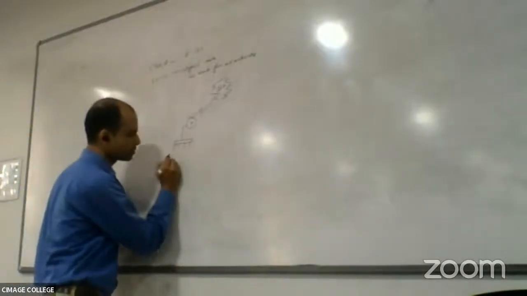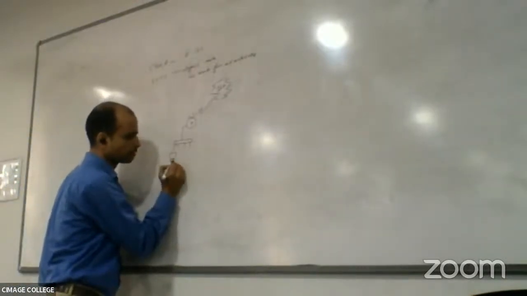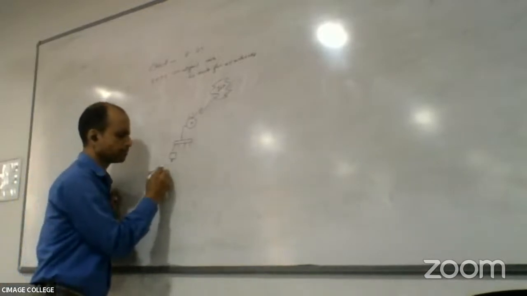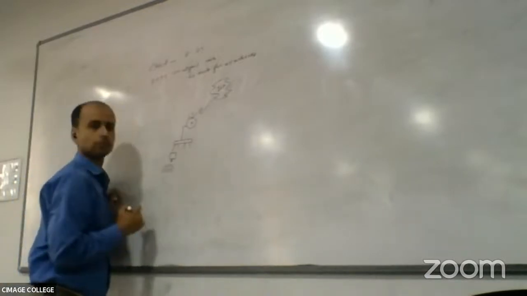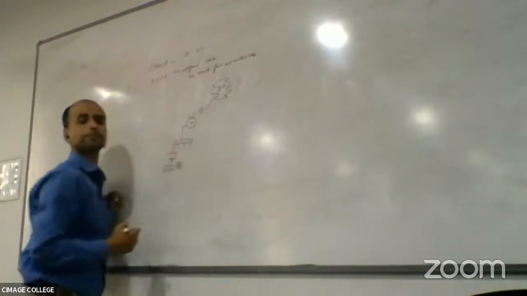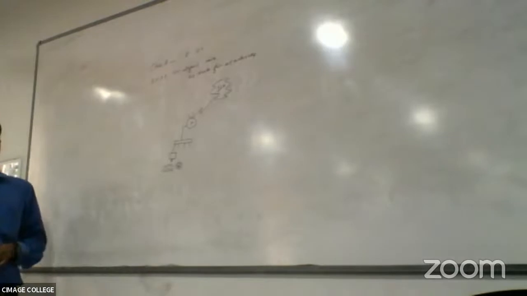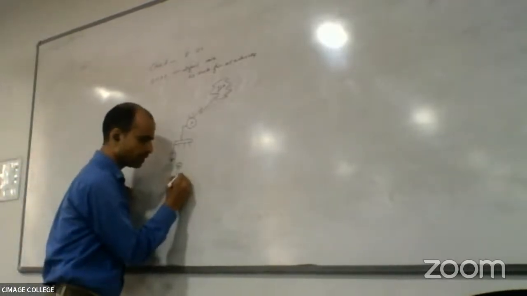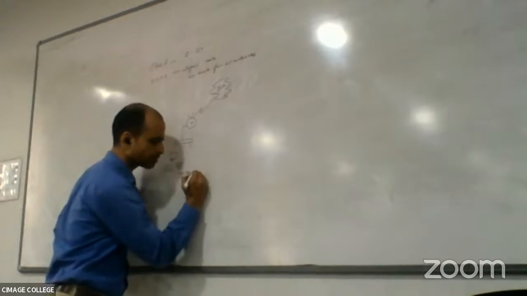Suppose this user has to access multiple websites. For example, I'm just going to give a picture of 30. Then these 30 websites will be available in 30 different networks.